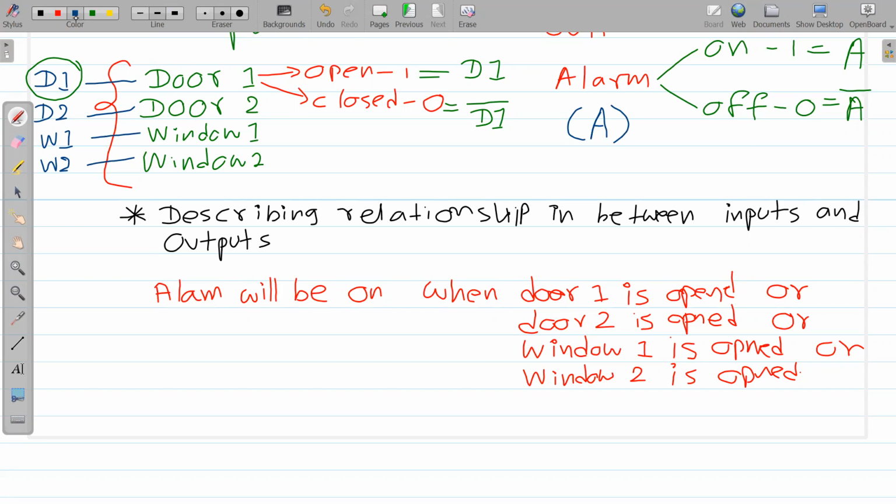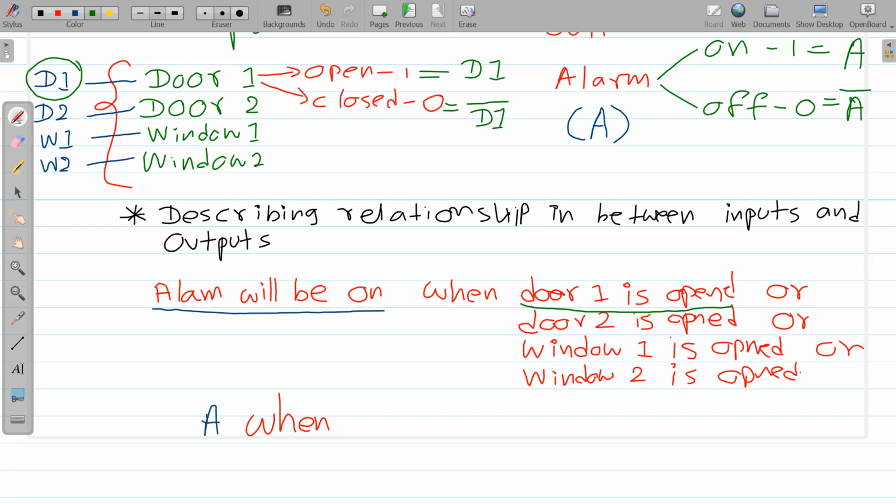So alarm will be on, that can be indicated as A, not A bar. Then I take the English word when, since it is showing the relationship.